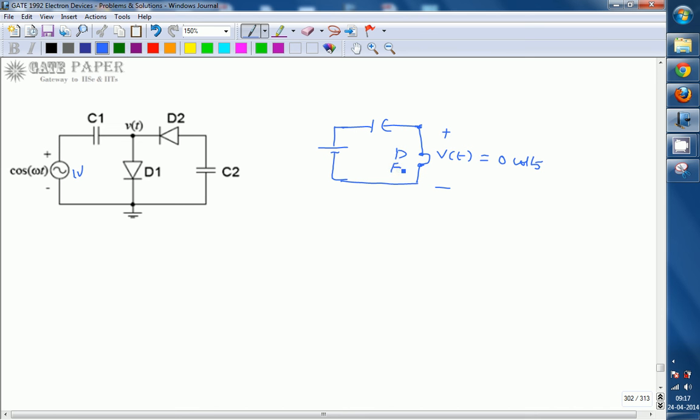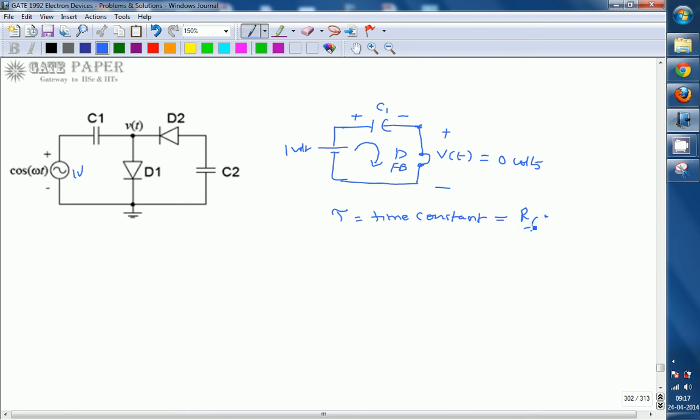That is forward biased, and the current flows in this direction, P to N. The capacitor charges to Vc1, and the time constant tau for this circuit is the product of resistance and capacitance in the path in which the current is flowing.